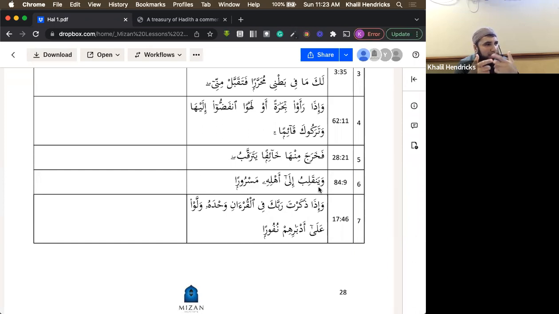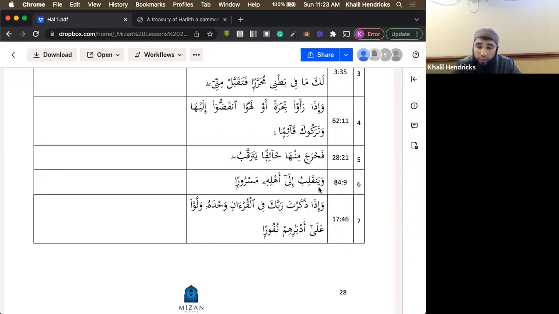Inqalaba, qalb has the meaning of turning, right? Inqalaba means to turn back or return. Wayanqalibu, you learn that at verb number 7. Wayanqalibu, and he will return ila, to ahlihi, his family, masruran. Masrur means happy. Masrur means to be made happy.